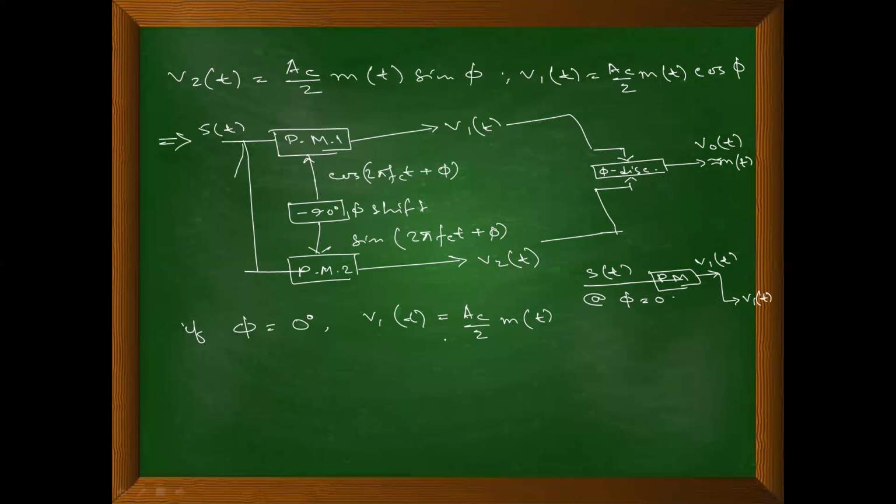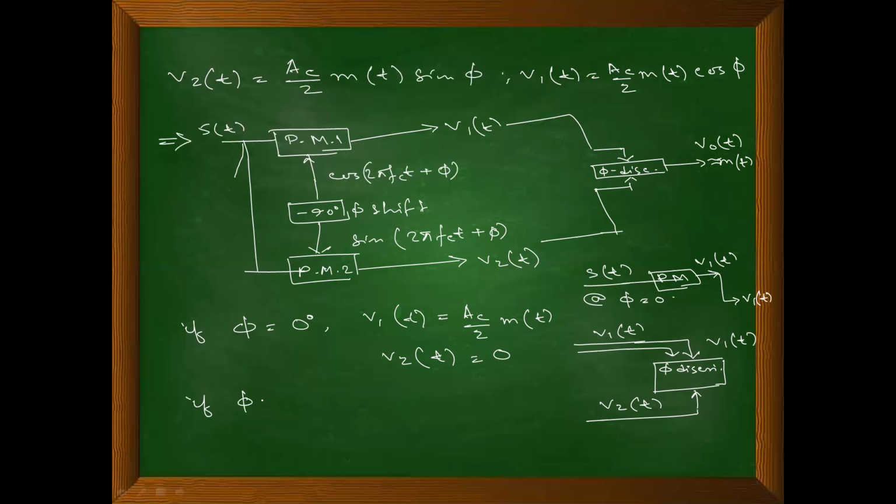And V2(t) will be 0. So at the phase discriminator, at phi equal to 0, I will get V1(t), that is Ac by 2 m(t).